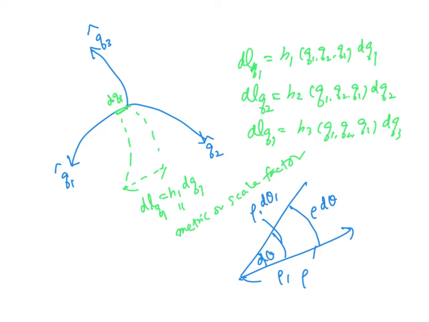So the actual distance along this d theta is different depending on the position, right? If this is located rho 1 from the origin, then this differential distance is rho 1 times d theta 1, and of course if this is rho 2, then this is rho 2 d theta 2.